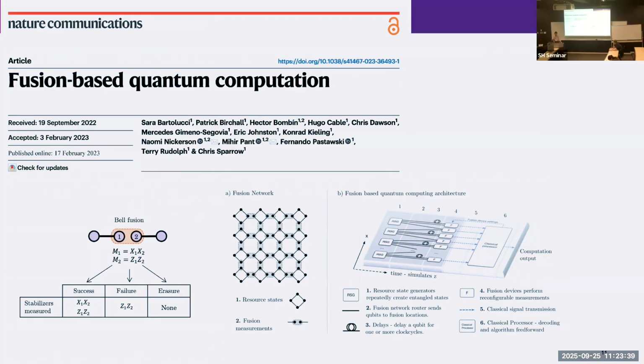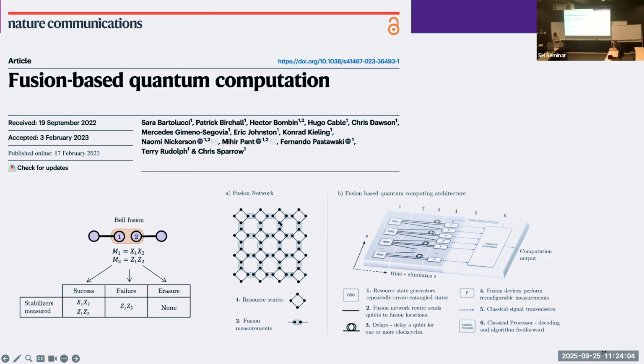This is where we are now for photonic quantum computing. When we talk about photonic quantum computing, it's usually fusion-based quantum computation. And what that means is you have a lot of photons. Each of these is a photon, and then you have a fusion network.